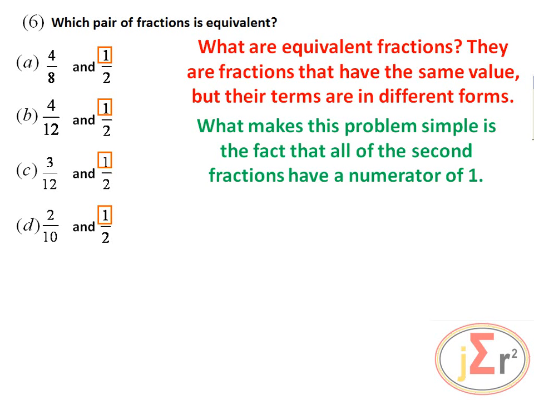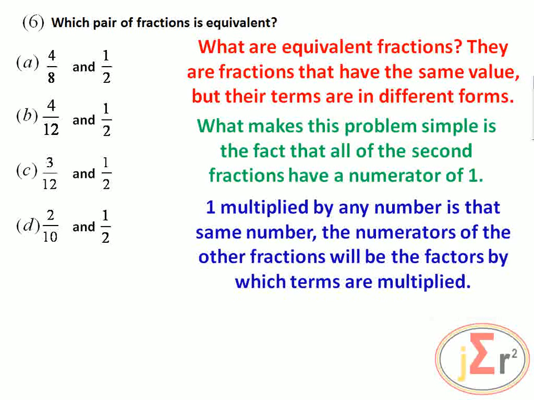In this particular case, the first principles that we are about to apply are made simple to explain because each second fraction's numerator is equal to 1. 1 multiplied by any number is the same number. The numerator of the other fractions will be the factors by which terms are multiplied.